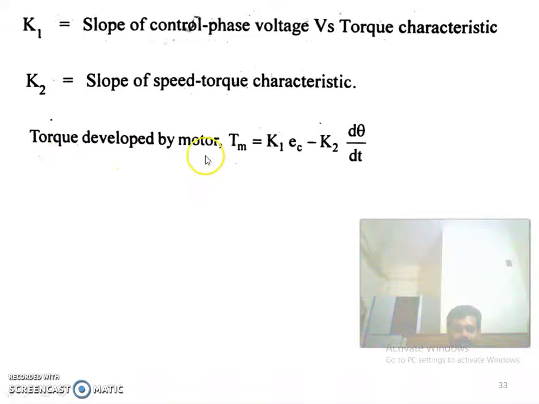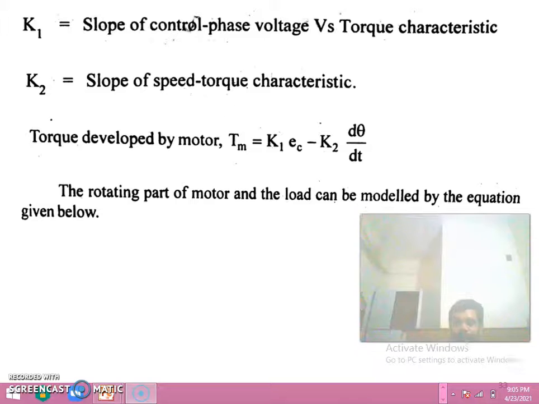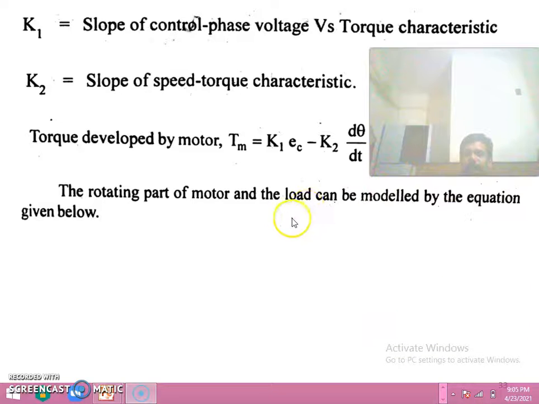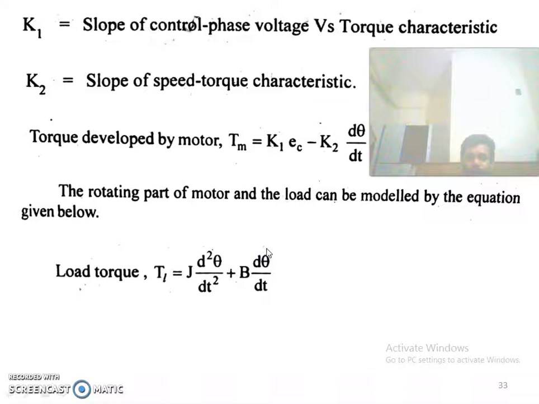So the torque developed by the motor, Tm, is equal to K1 EC minus K2 into d theta by dt. The rotating part of the motor and the load can be modeled by the equation given below. This is from the mechanical system of a motor.